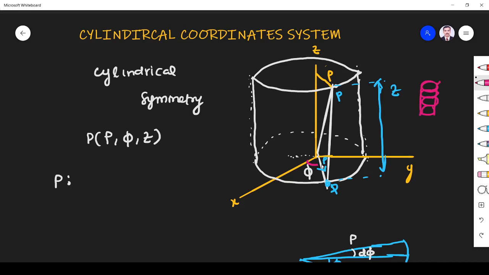So rho is the radius of the cylinder passing through a point P, measured from the z-axis.